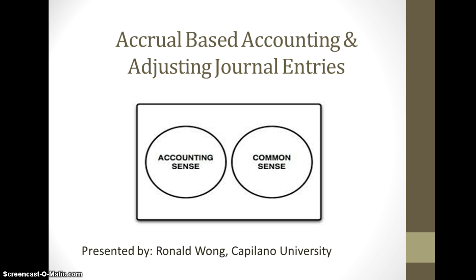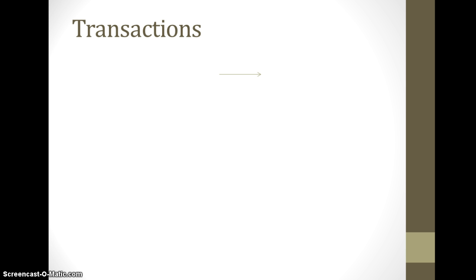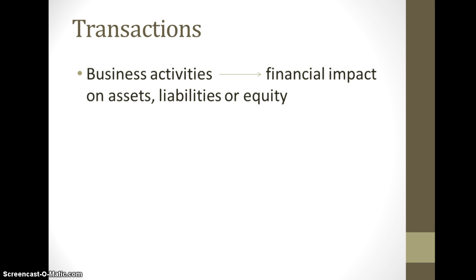So let's talk a little bit about adjusting journal entries first and why they need to be made. But before we do that, we have to talk about what is a transaction from the perspective of accounting. Transactions are basically business activities that have a financial impact on a company's assets, liabilities, or equity.